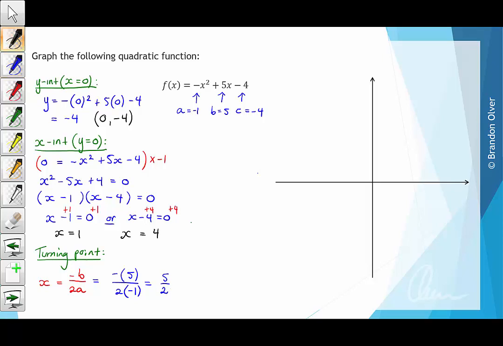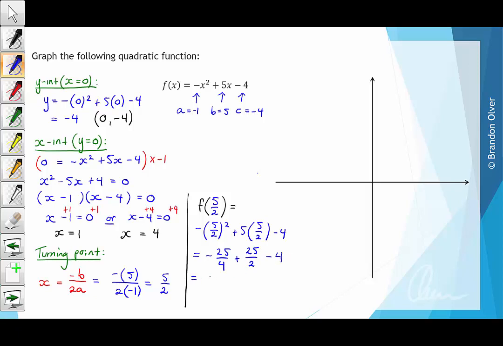Now the next thing we need to do is find the function value when x is 5 on 2. So we substitute 5 on 2 into f of x. That gives negative (5 on 2) all squared plus 5 times 5 on 2 minus 4. So this is equal to minus 25 on 4 plus 25 on 2 minus 4.